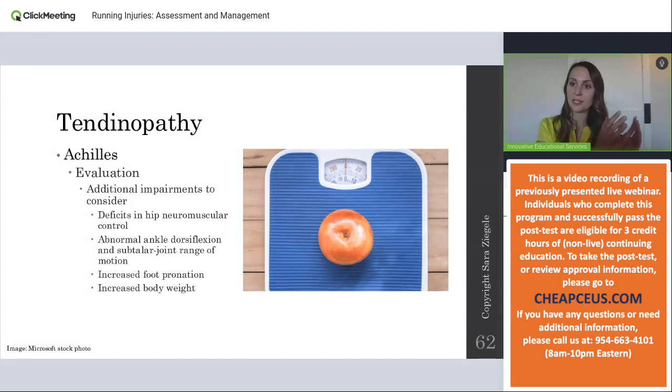Is the Achilles carrying the burden of the push off propulsion? Are the glutes helping? Are the hamstrings helping the way that they should? That's what hip neuromuscular control is really talking about. I always try to look for what I joke about as the sleepy glutes. Do we have strong glutes or weak glutes that aren't kicking in and helping the Achilles and the gastroc complex out the way that they should?